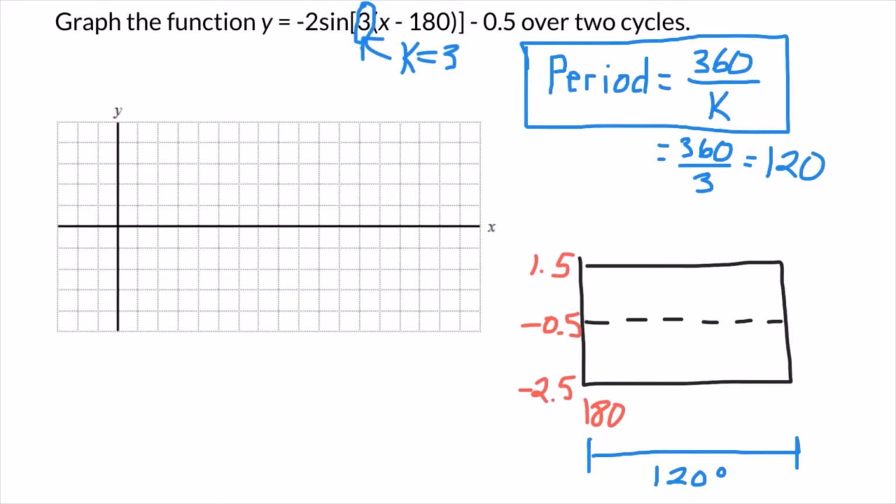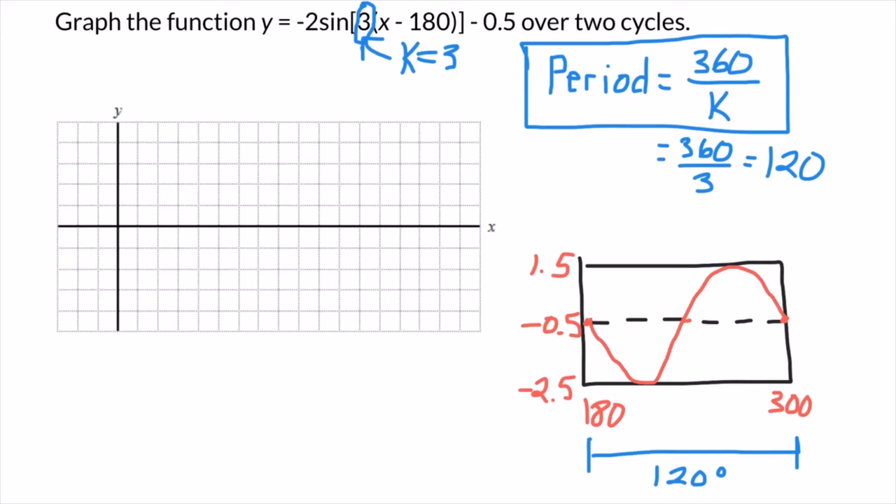That means I'm ending at 300 degrees for this transformed function. And now for the shape of this curve, it's a sine curve, and it's negative, so it's going to be vertically reflected. So it'll have that type of a shape.